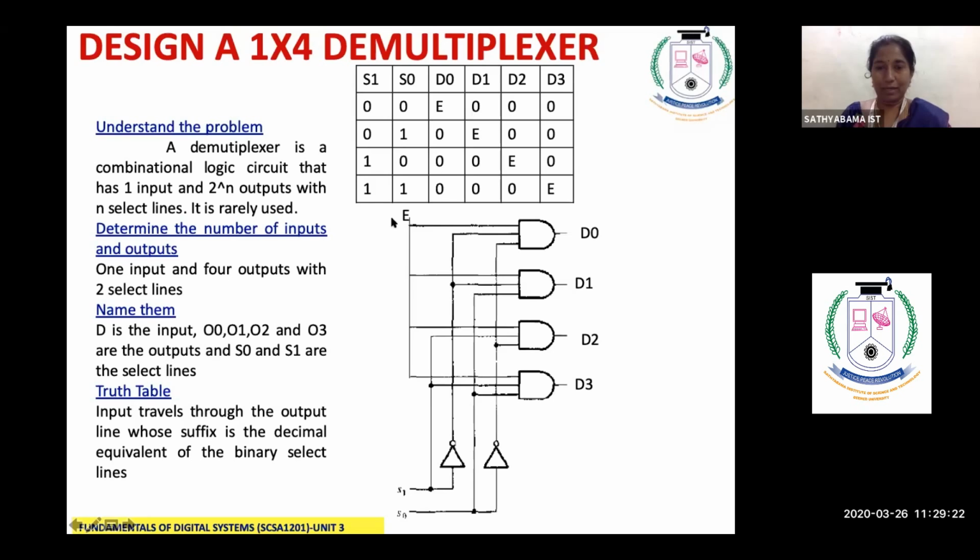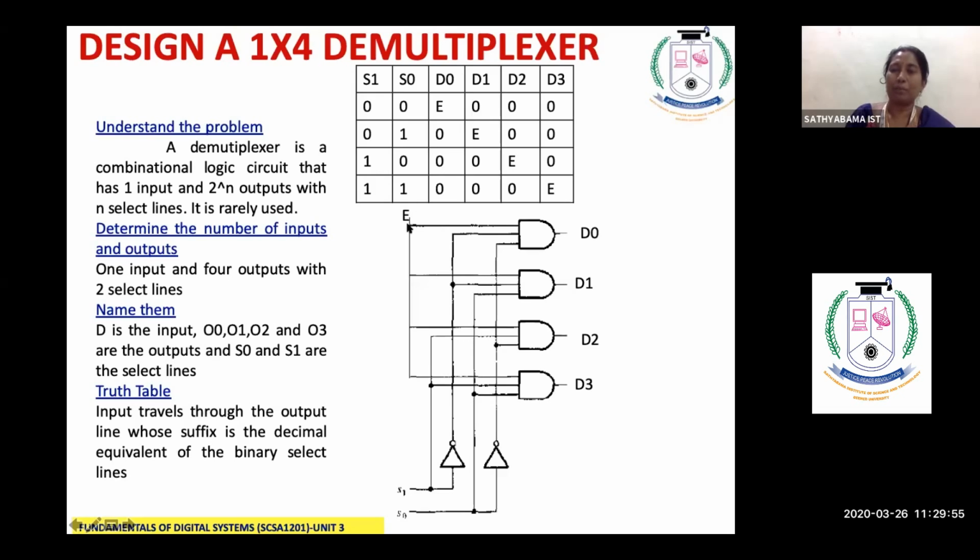I wanted to say this, but if you understand, it's okay. This demultiplexer can also be called as an enable input decoder, provided you consider S0 and S1 as 2 inputs, A and B. A decoder is a 2x4 decoder. In order to select a 2x4 decoder, you are having one more line called as enable line. So this demultiplexer can be directly called as a decoder which has got an enable input.